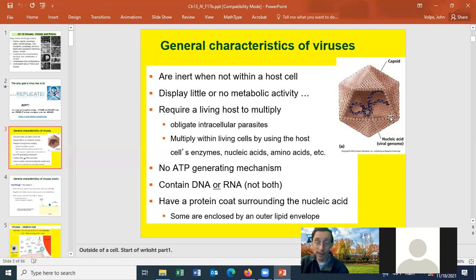So all viruses have their central genome, which can be either DNA or RNA, and a protein coat that we call a capsid. Some viruses, not all, but some viruses have an outer lipid envelope surrounding the protein coat.